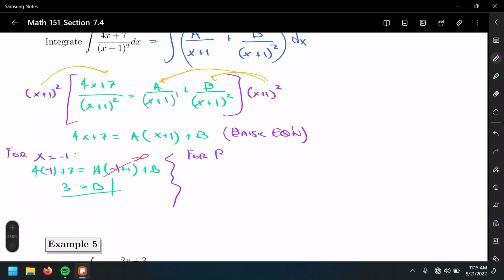For b equals 3, we can plug in any value of x, your favorite value of x. So what's your favorite value of x in this case? 0. Keep it simple. Of course, you can plug in another number like 5, 29, 17,017,017, your favorite number.